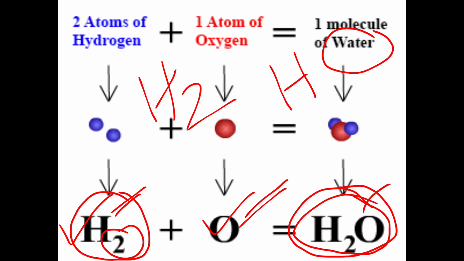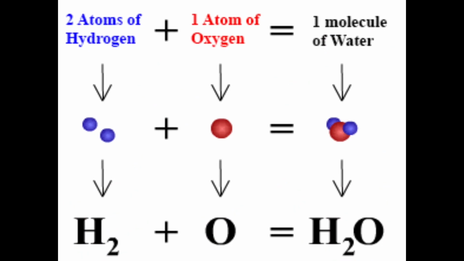So symbol is only for the element, and formula that can be for element or compound. That is the difference between symbol and formula.